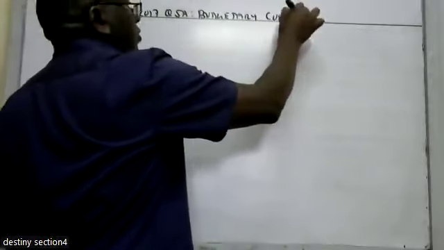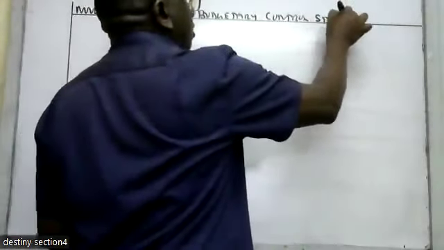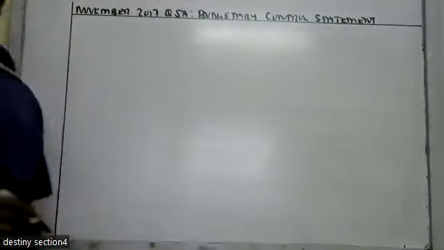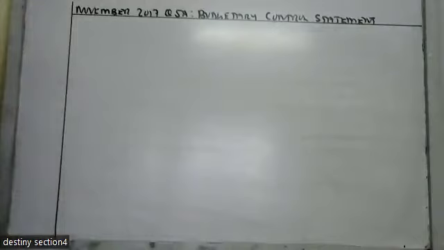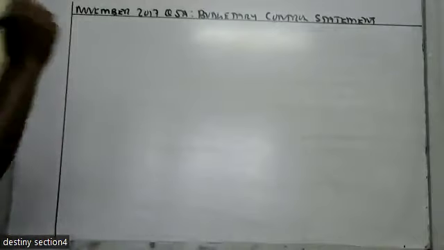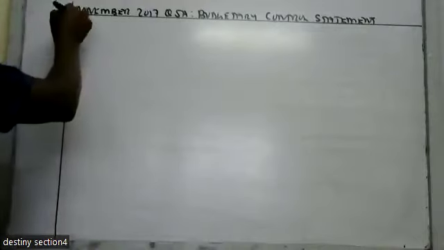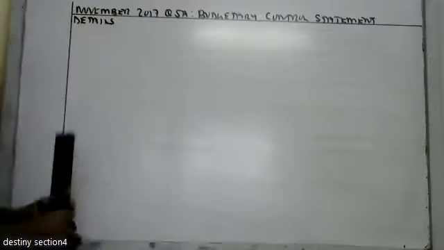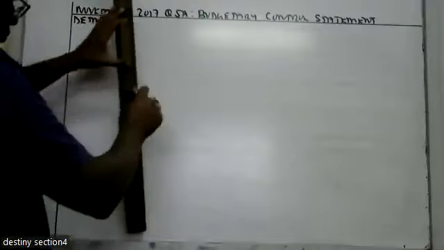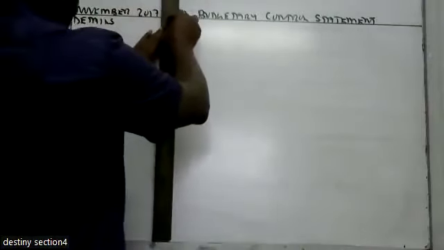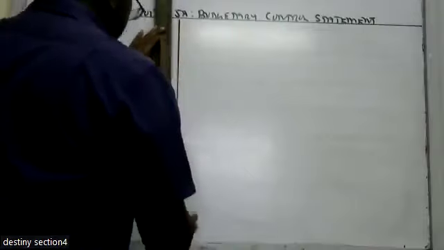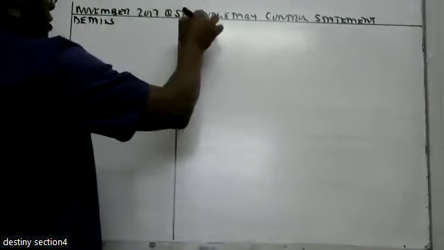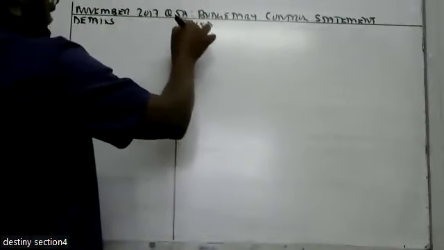Budgetary control statement. Now in the budgetary control statement, huwa tuko na mtu anaitwa details. Column ya details. Kuna mwingine anaitwa fixed budget.